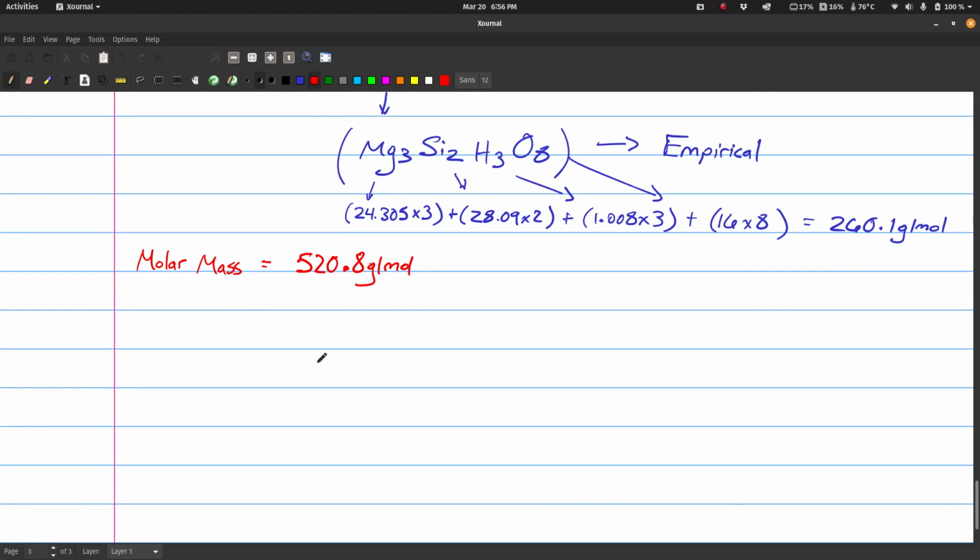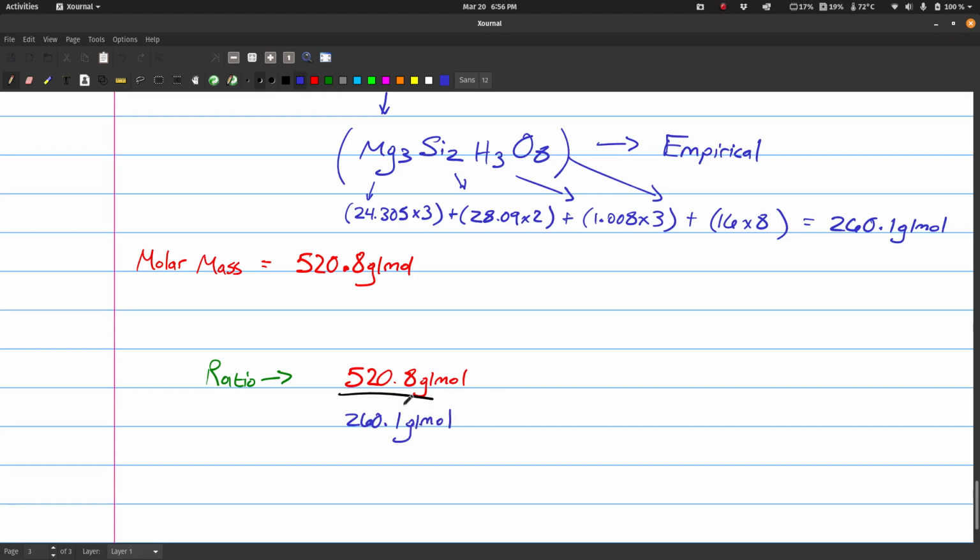Alright, so we need to find the ratio. What we're doing is we're going to divide the molar mass of the compound by our empirical weight, which is 260.1 grams per mole.